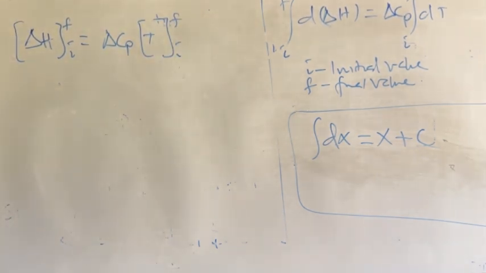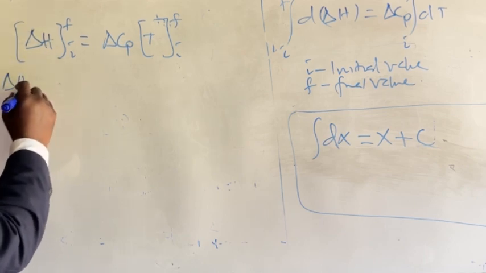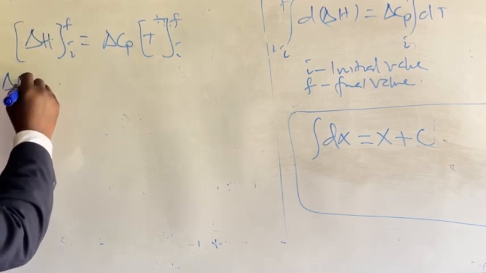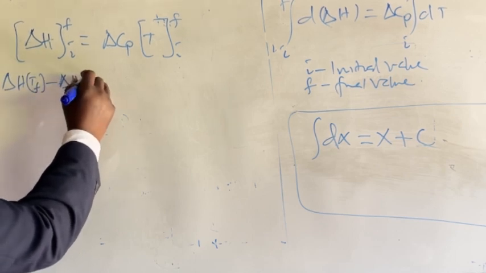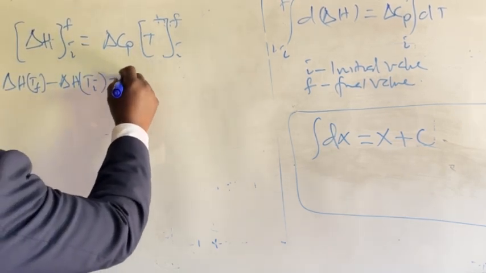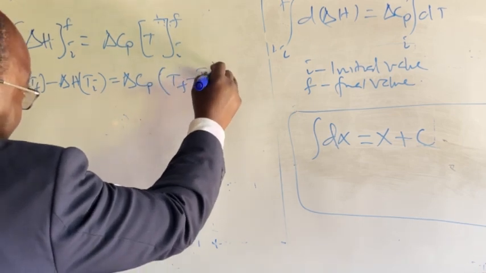So if you open up this expression here, we have delta H at Tf minus delta H at Ti is equal to delta Cp into Tf minus Ti.